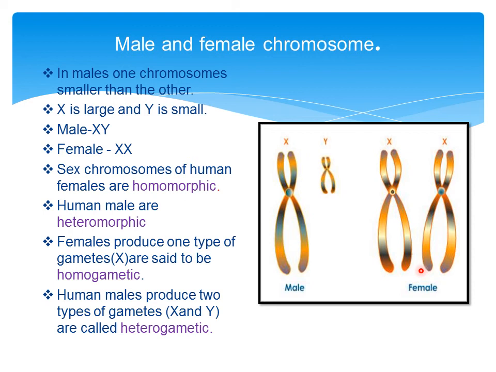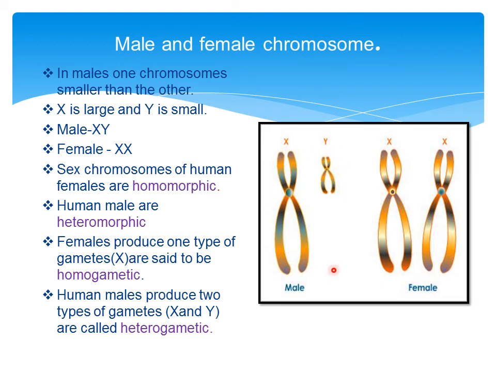So the sex chromosome of a human female is called homomorphic, and that of a human male is called heteromorphic. Now females produce one type of gametes and are called homogametic. Females can produce only the X chromosome, so they are homogametic, whereas males can produce 2 types of gametes, that is X and Y, so they are called heterogametic.